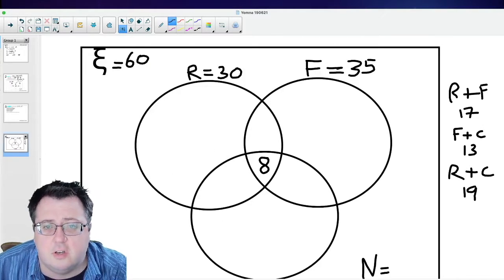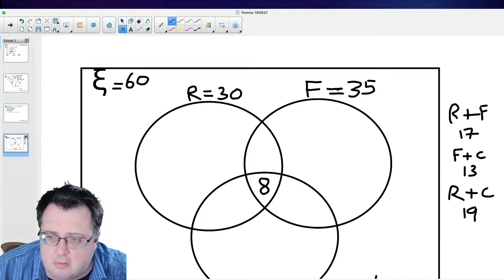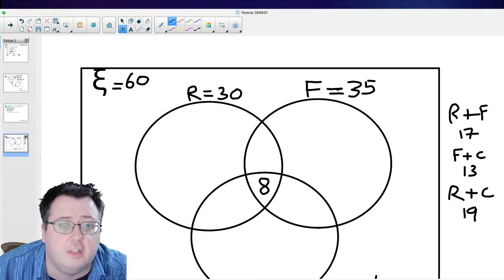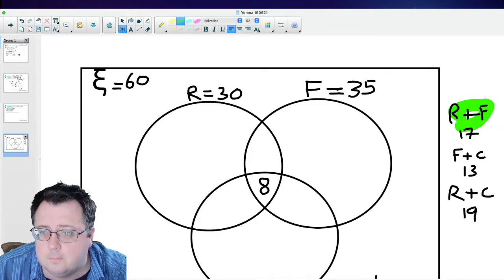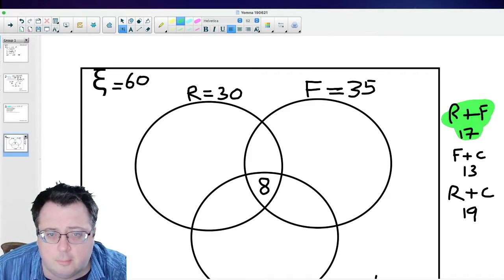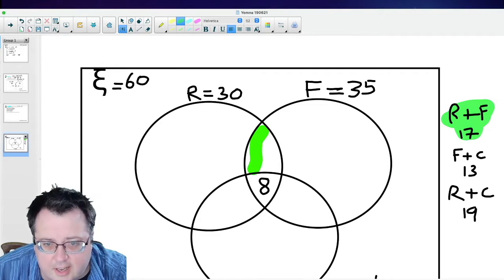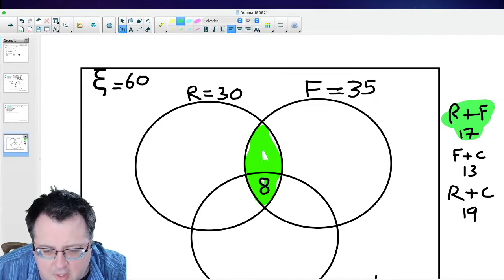So we now need to use the overlap section, so rugby and football being 17. So if I get the highlighter pen again, we're going to go green for rugby and football. The overlap is this section here. Okay? So can you see what goes in the top part of that green ellipse?